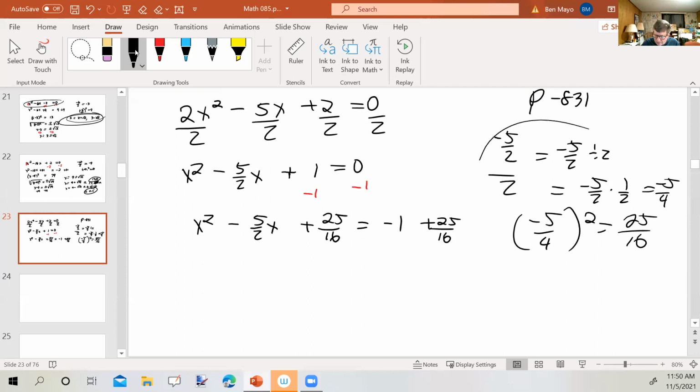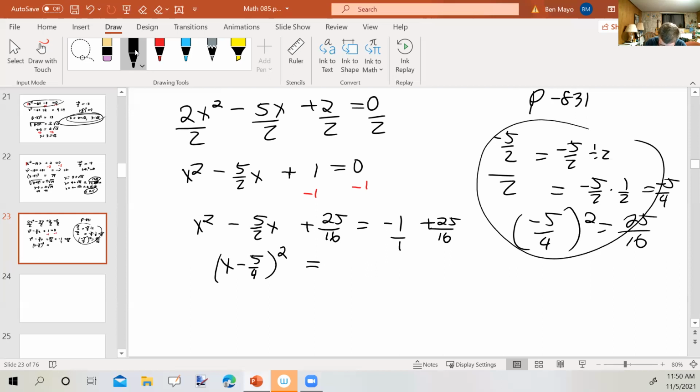By going through this process, I have now created a perfect square trinomial on the left side of the equation. And it's going to be x minus 5/4, the quantity squared. On the right side of the equation, I need to combine those two numbers. We've got negative 1 over 1 plus 25 over 16.